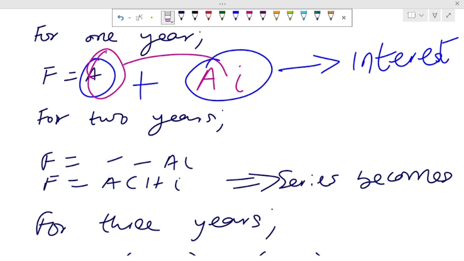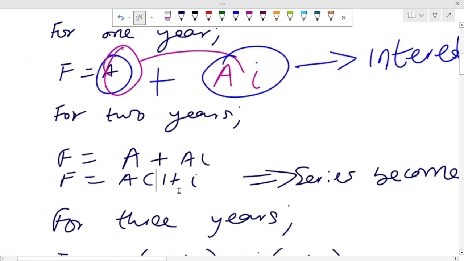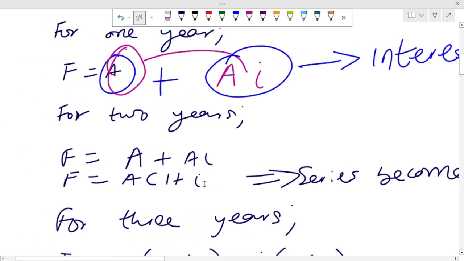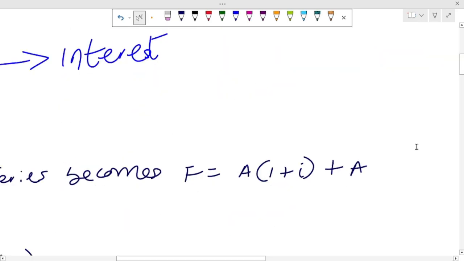Now, what have I done? This is A and this is a plus sign. Now the series becomes F equal to this, which is the second year that we did just now, and this is the first year.